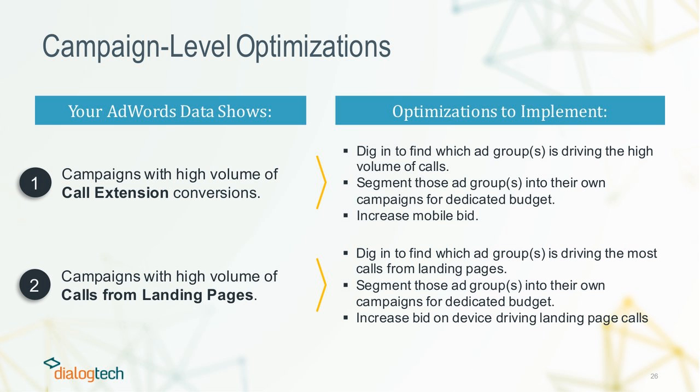I actually just saw a quick question, and I know that this is something that comes up, so I'm going to address it right away. If you want to do the reverse segmentation, you absolutely can do that. If you're worried you're going to lose quality score on your top performing ad groups, you can leave those where they're at, and then do the reverse: segment out the lower performers into their own campaign, and make sure that you just give as much budget to your top performers as possible.